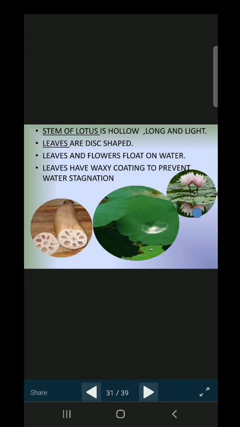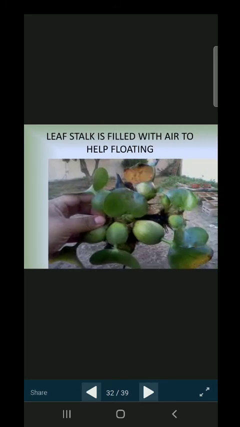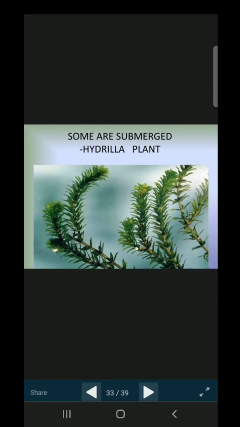Leaves and flowers float on water. Leaves have a waxy coating to prevent water stagnation. The leaf stalk is filled with air to help floating. Some are submerged. That means they are completely inside the water. You cannot see them outside the water, like the hydrilla plant.